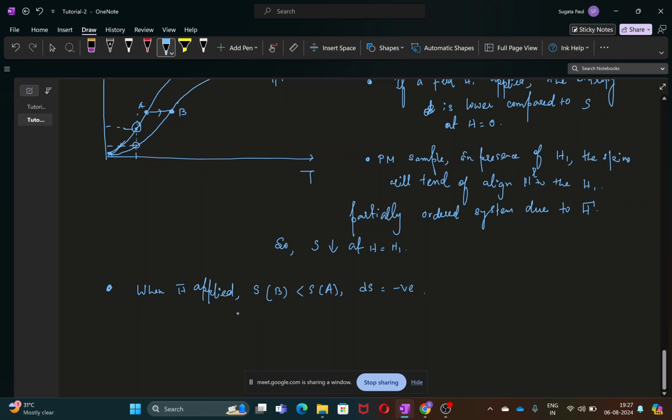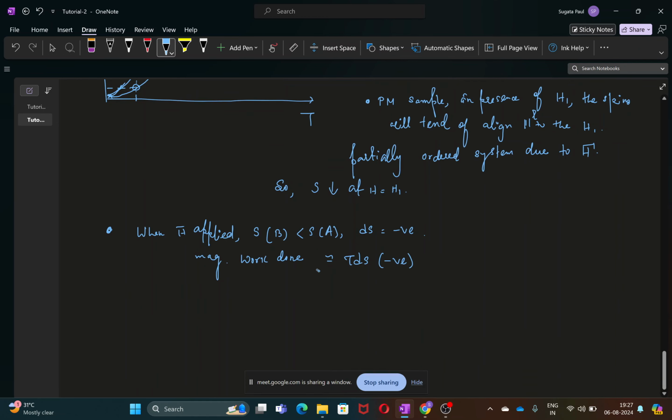So dS is negative. Here the magnetic work done will be compensated in terms of the TdS term, which is dQ, which is negative in this case because dS is negative. And in the adiabatic demagnetization setup, when this kind of magnetic work is done with dS negative, it is compensated in terms of heat exchange with the surroundings.